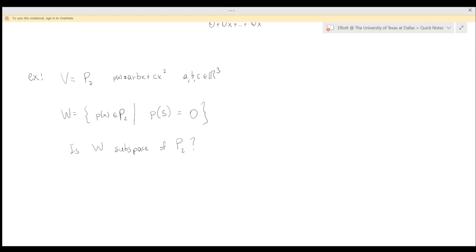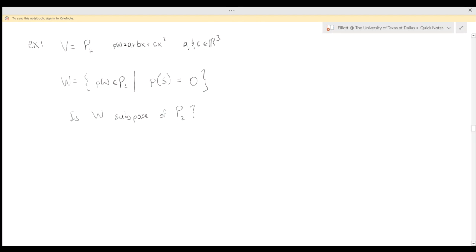So let's quickly check the closure properties. Suppose we had two polynomials, P and Q, inside of the set W, meaning that P at 5 equals 0, as well as Q at 5.